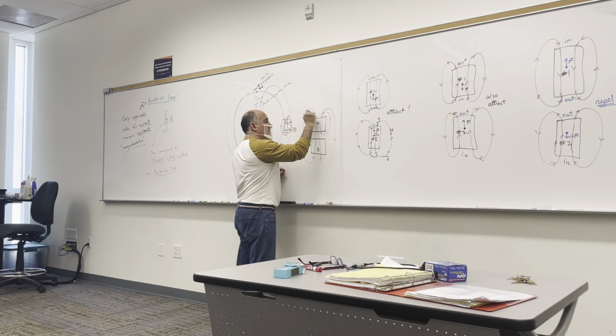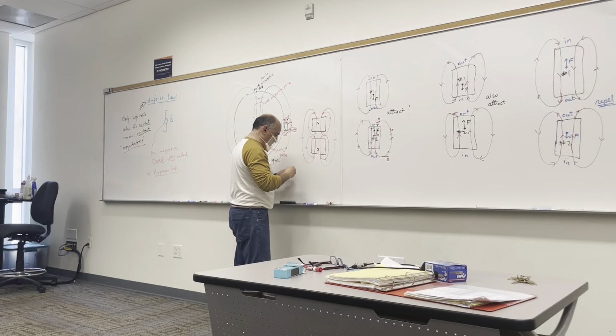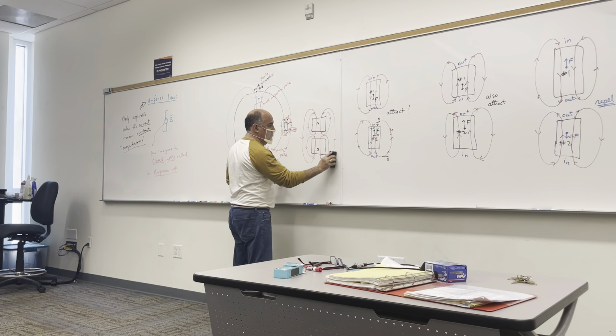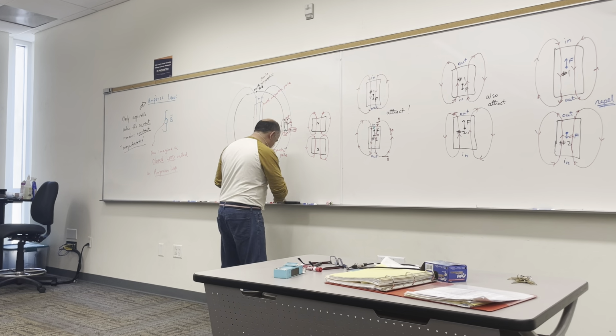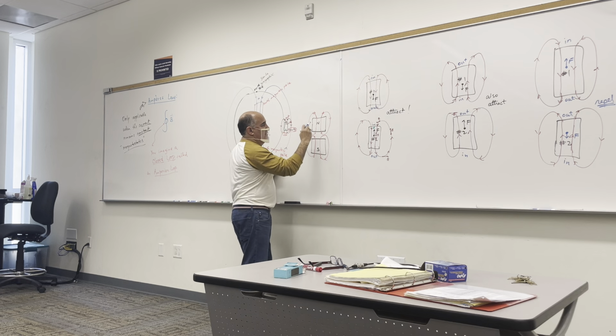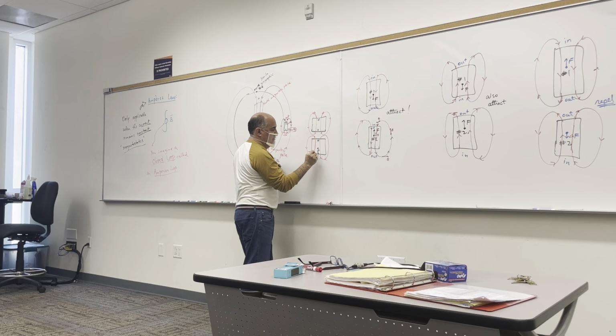And this one is going to go like that, right? And this one is going to come out over here, but then it's going to go back over there. Because you don't have this anymore, because you changed what you had. So you still have a place where the magnetic field comes out, which is the north end, right? And this is the south end, and this is the north end, and this is the south end.